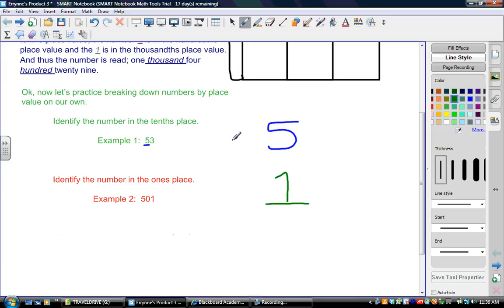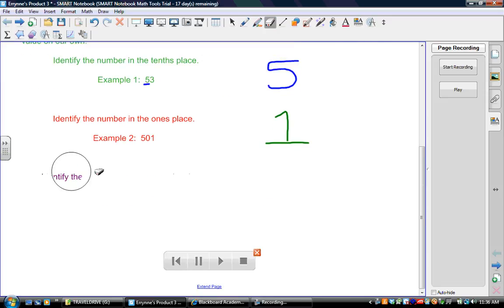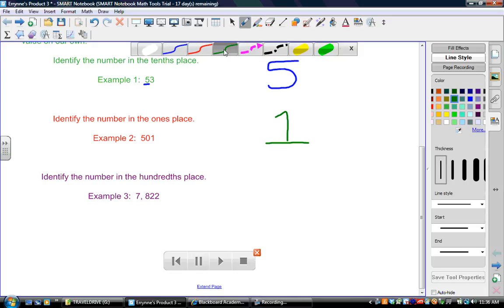Is anybody having any problems identifying these numbers in the specified place value? Okay, very good. Miss Amy will be checking those notebooks to see. I am walking around now. Let's do another example for some of you who may be slightly confused. Now let's identify the number in the hundreds place of 7,822. That's a big number.